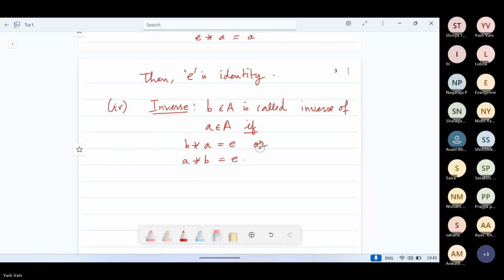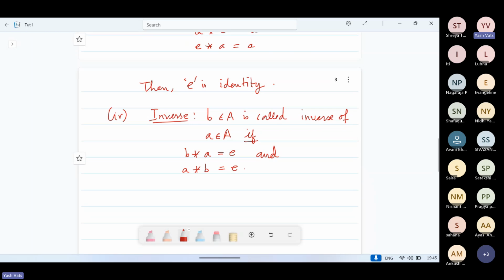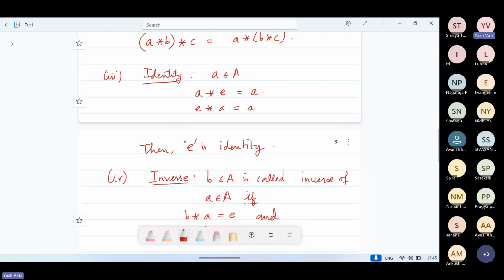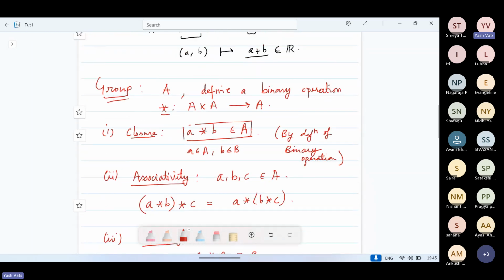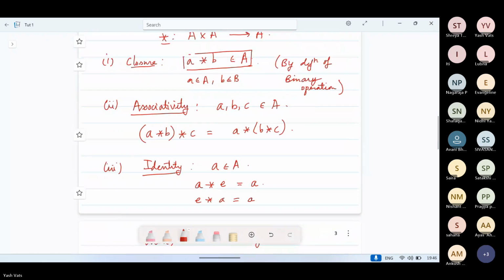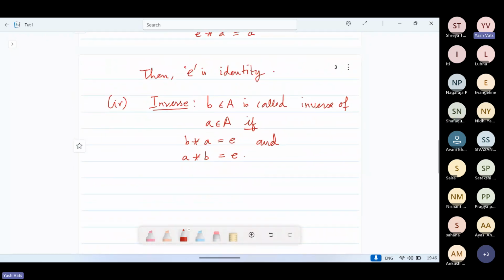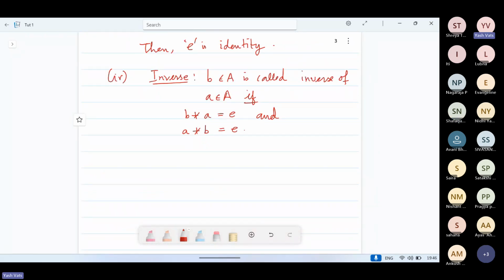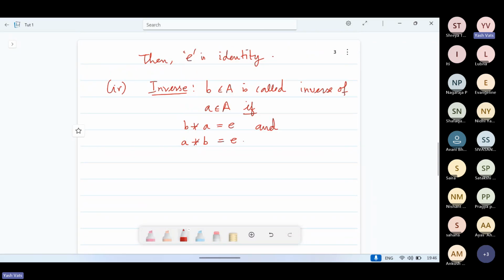So that is called an inverse. These four conditions are required for a set to be a group. Do you understand this? I hope you know it before, but I'm just recalling these things.